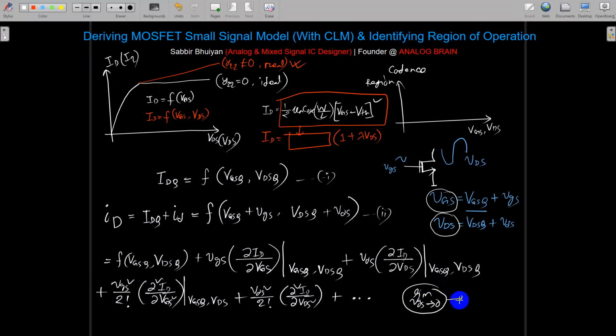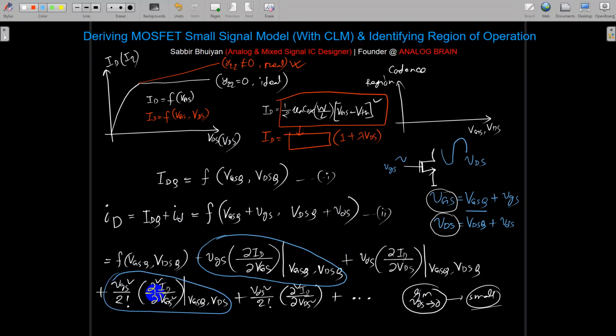Okay, so it is small. So if it's small, we can say one thing: that this v_GS ∂I_D/∂V_GS term will be greater than this v_GS squared by 2 factorial term.